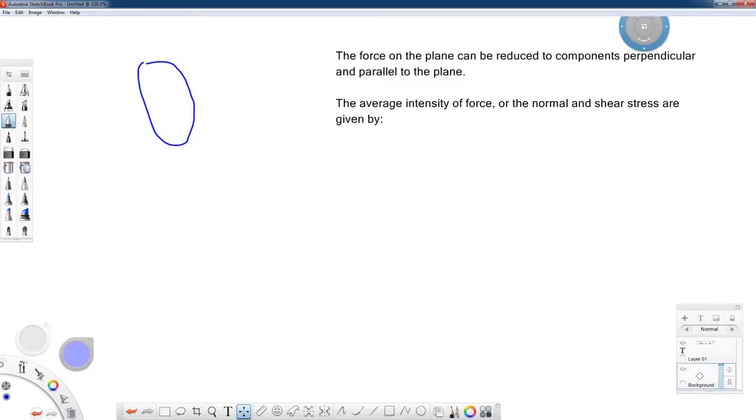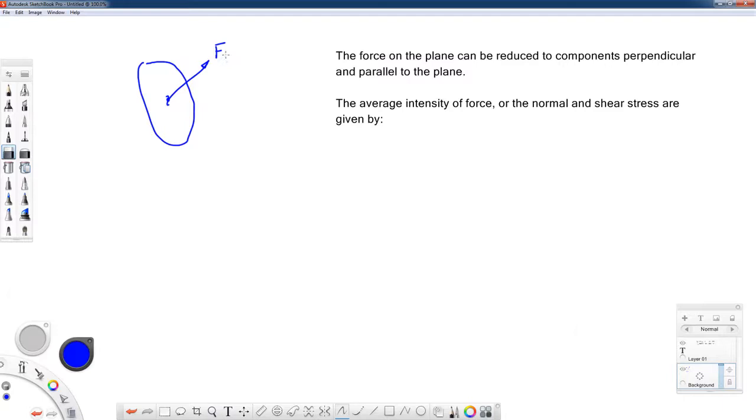If we were to pull out that plane and take a look at it, we're only going to look at the one applied force on the top surface. It may be kind of skewed to the surface. Okay, so that would be the general force F.